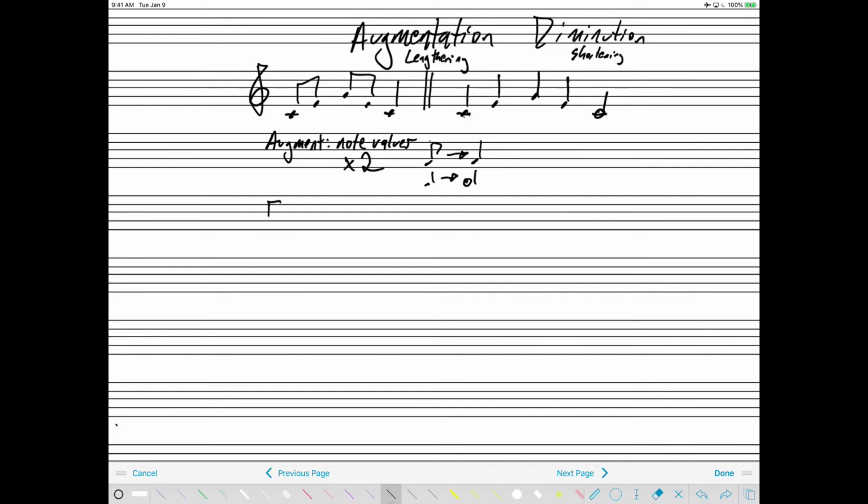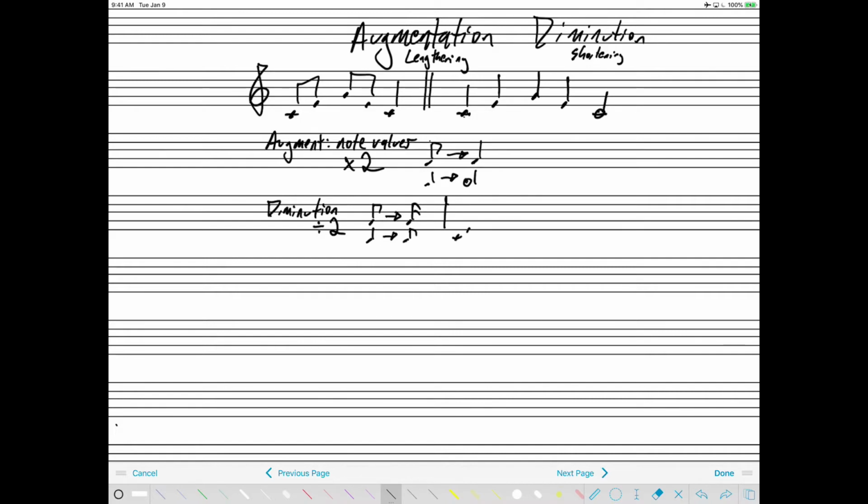Similarly, if we were going to use diminution, we are going to divide the rhythmic values by some common multiple, usually 2. So an eighth note becomes a 16th note. A quarter note becomes an eighth note, and so on.